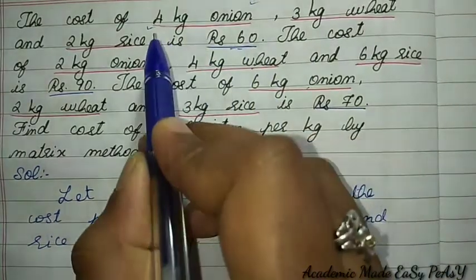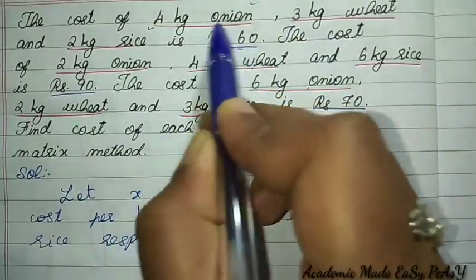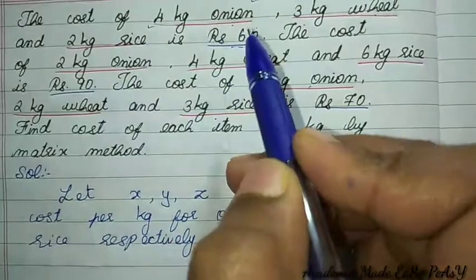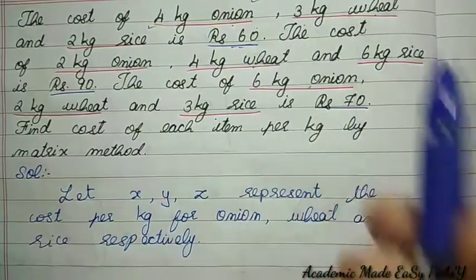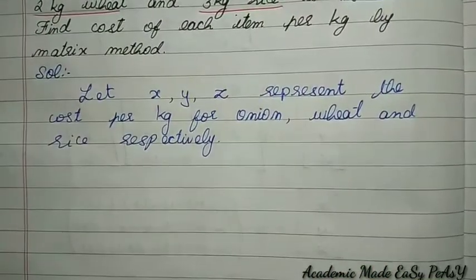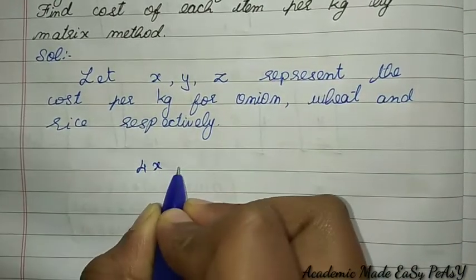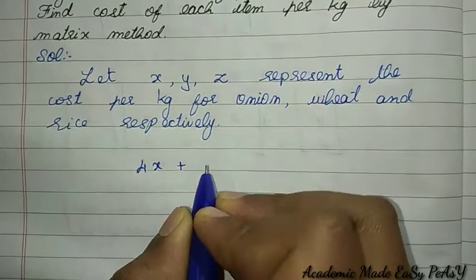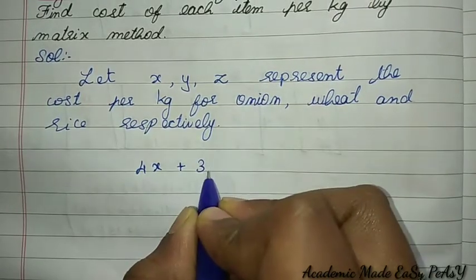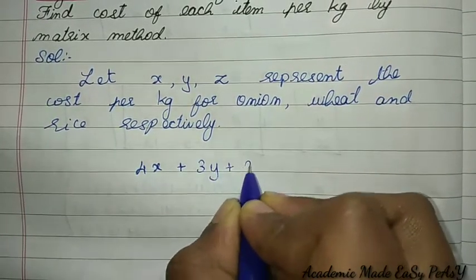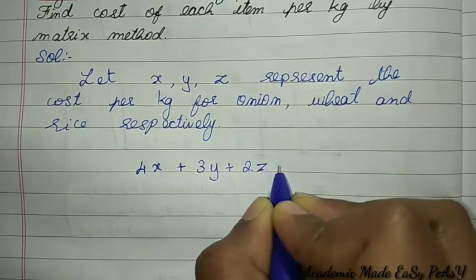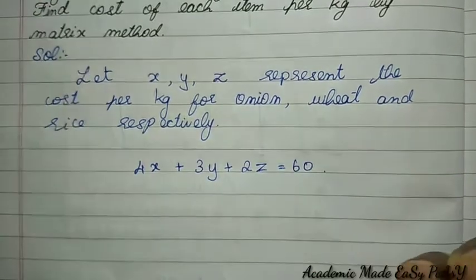So here, see, 4 kg of onion, 3 kg of wheat and 2 kg of rice is equal to 60 rupees. Now I will write the equation as 4x, 4 kg onions, plus 3y for 3 kg wheat, plus 2z for 2 kg of rice is equal to 60.